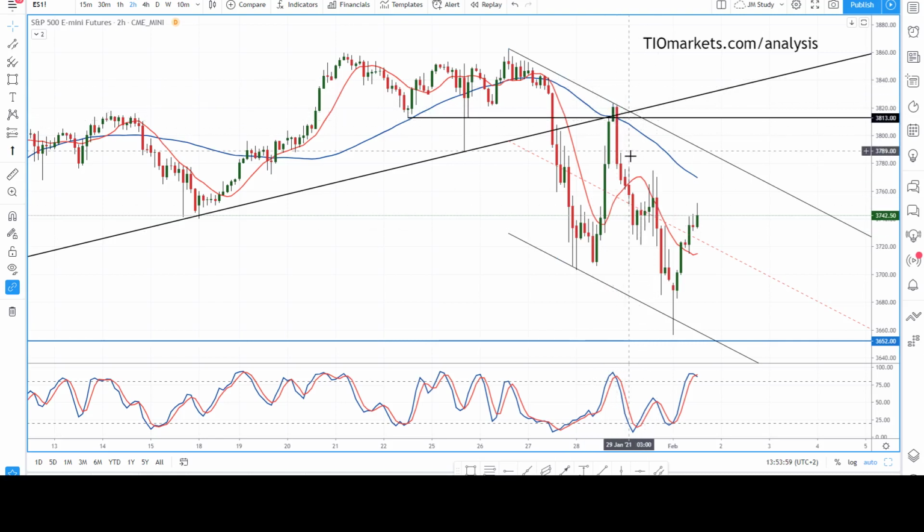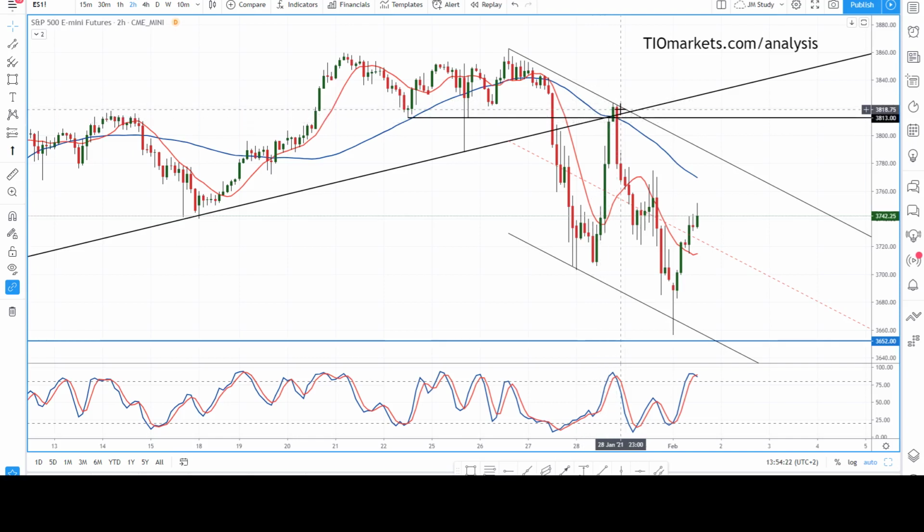And see how well this worked. It works quite often. Now that the market moved down and hit that channel low here and came close to that 36.52 support, the buying started. So that's how you can use this tool quite effectively for your trading.